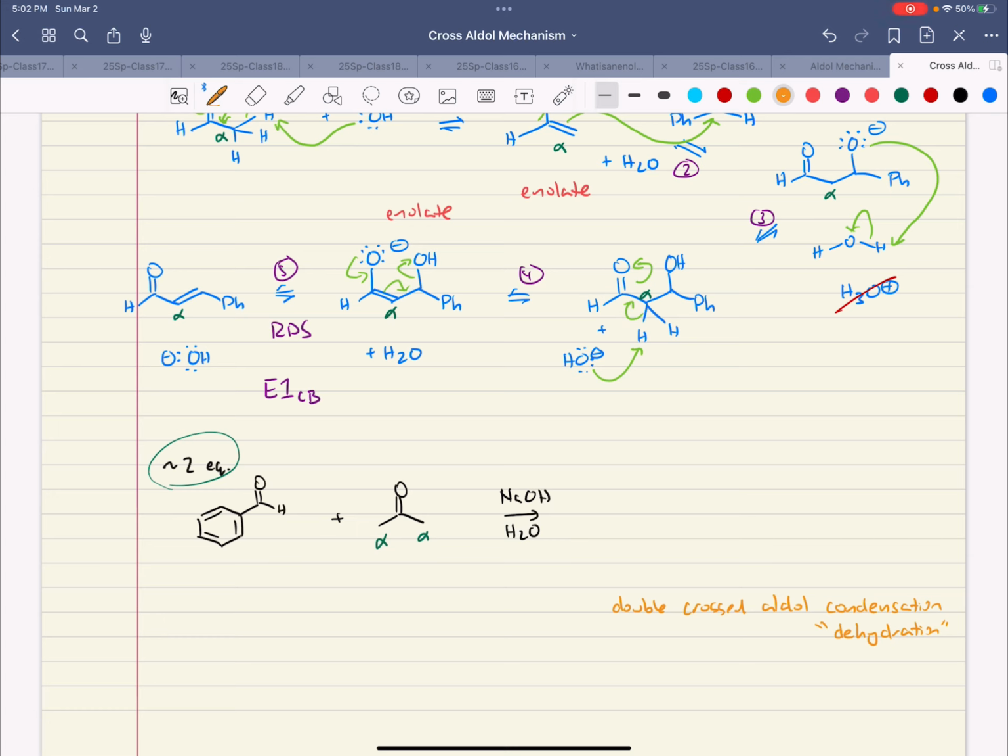Okay. Those of you who are taking me for lab in the spring of 2025, draw me the product now. Understanding that I want both sides to go through a crossed aldol condensation.